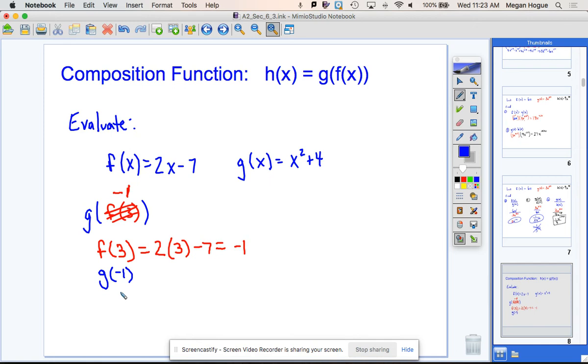So now that's telling me to go to the g function, and in the g function, we're going to plug in negative 1. And I better use those parentheses I was harping on earlier. So negative 1 in parentheses squared plus 4. Since it's in parentheses, when I square it, it's positive 1 plus 4 is 5.